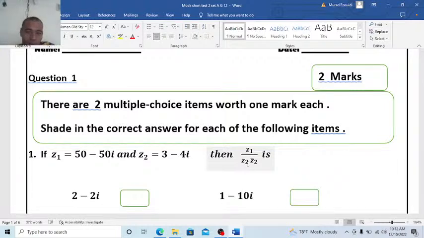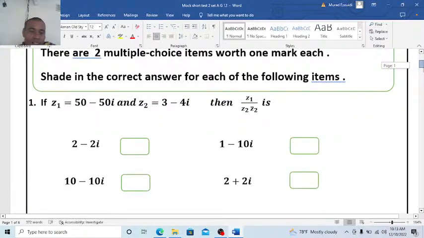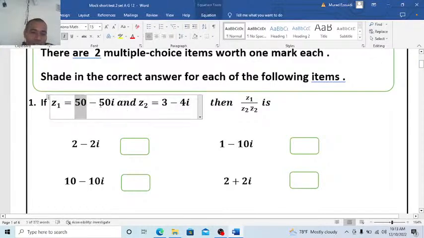Here you can see that Z1 equals 50 minus 50i. The real part is 50 and the imaginary part is negative 50. And the complex number Z2 is 3 minus 4i, where i is the imaginary unit.